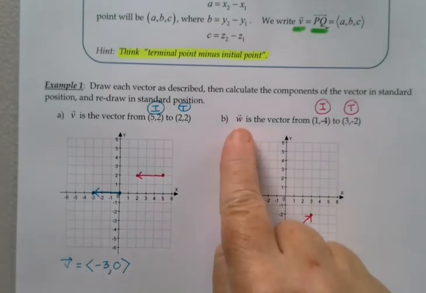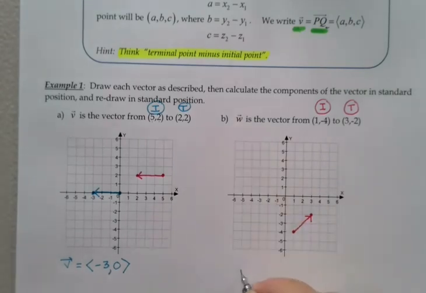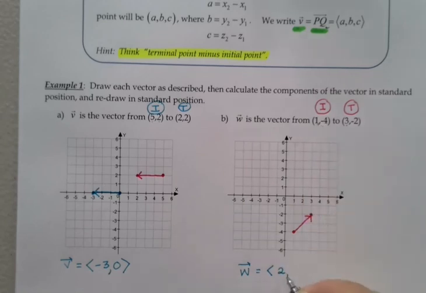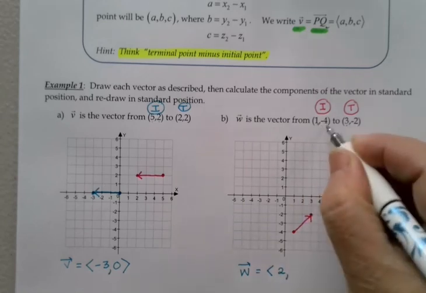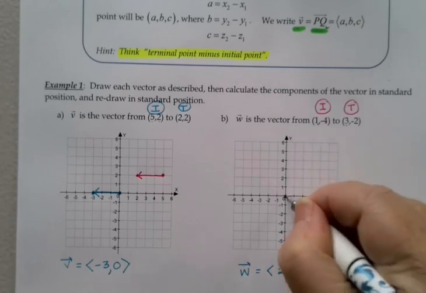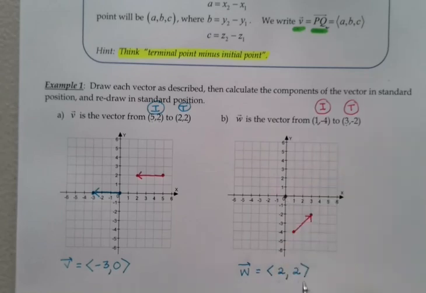To calculate the standard position vector W, again I'm going to take terminal minus initial. So 3 minus 1 is 2. Negative 2 minus a negative 4 would be a positive 2. And that standard position vector always starts at 0, 0, and it ends at 2, 2.